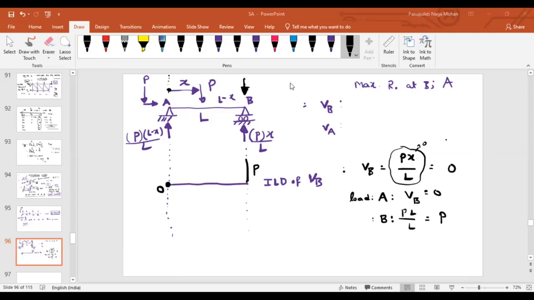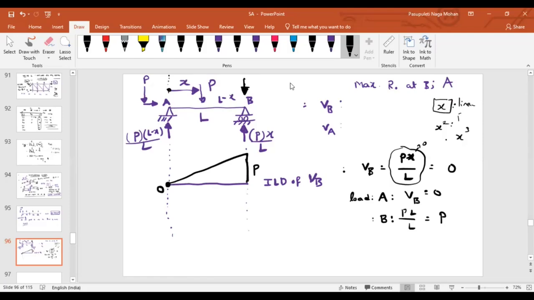That means if there is a function in terms of x, it will vary linearly. If it is in the form of x square, it will vary parabolically. So from A to B, as the function is in terms of x, it will vary linearly. Linearly means I just simply join the line. So this is my ILD for VB.